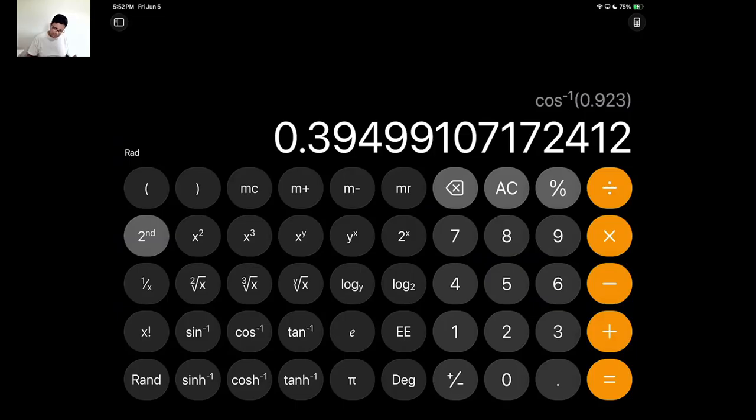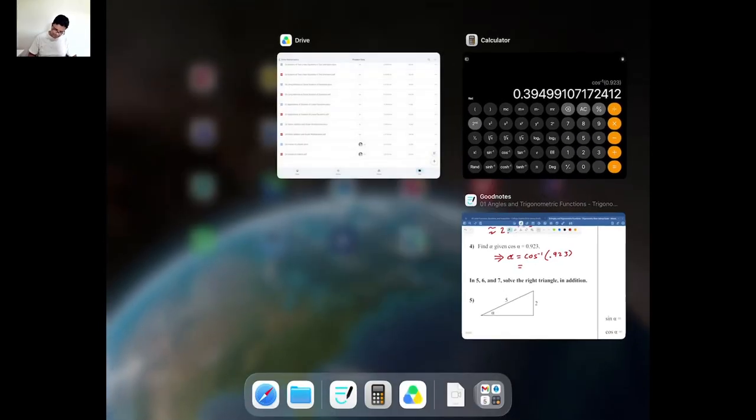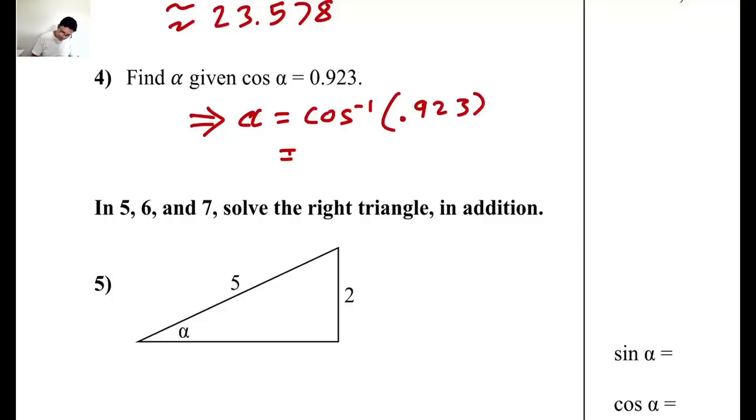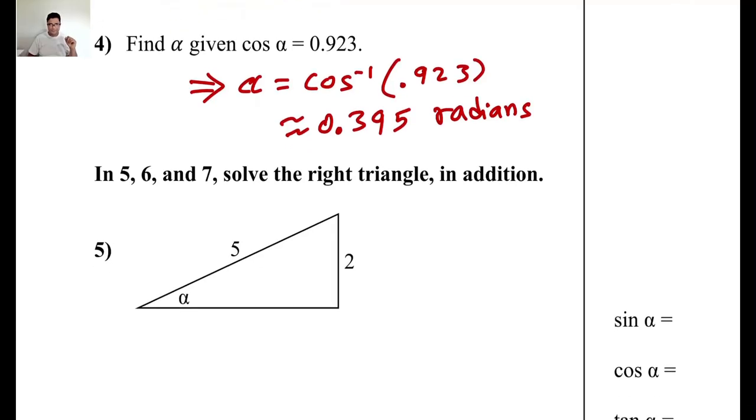Okay, now this is radian angles. 0.395 approximately, because we are doing approximations. I'm using the approximation symbol, not the equal to symbol, radians. If you don't write anything, it is understood to be radians, but if you want to clarify, you can do that.